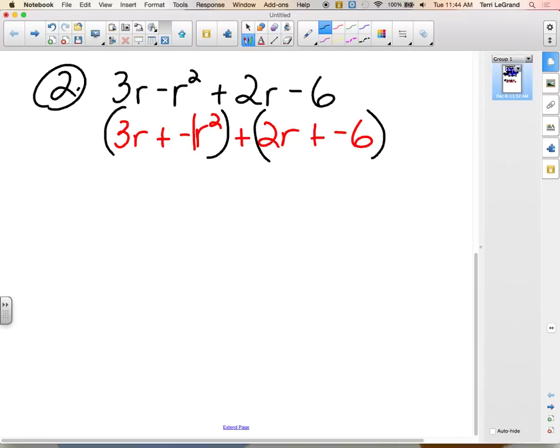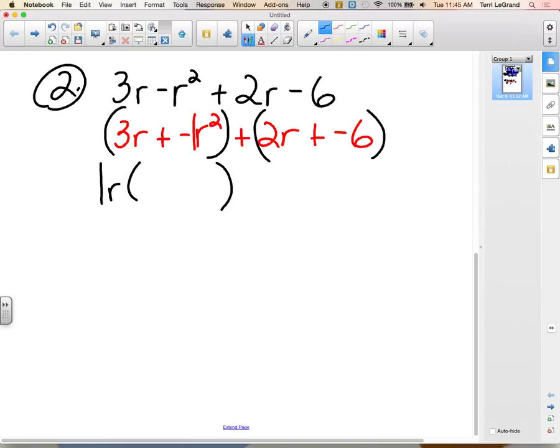Okay, let's start GCFing that first group. What do you think is the largest number that can be divided out of 3 and negative 1, Josh? 1. Okay, how about the r and the r squared? It'd be 1r, wouldn't it? Yeah, so 1r is going to be our GCF of that group.